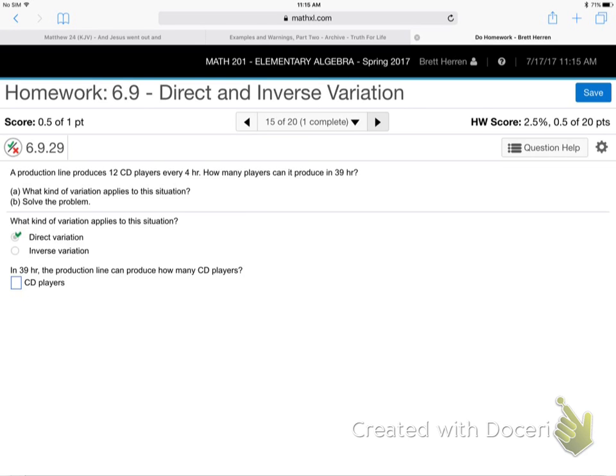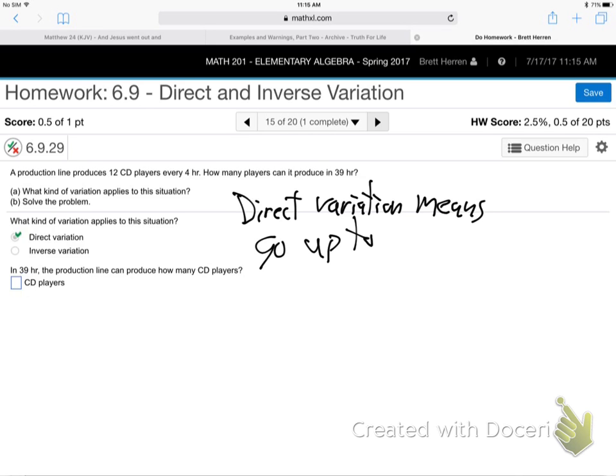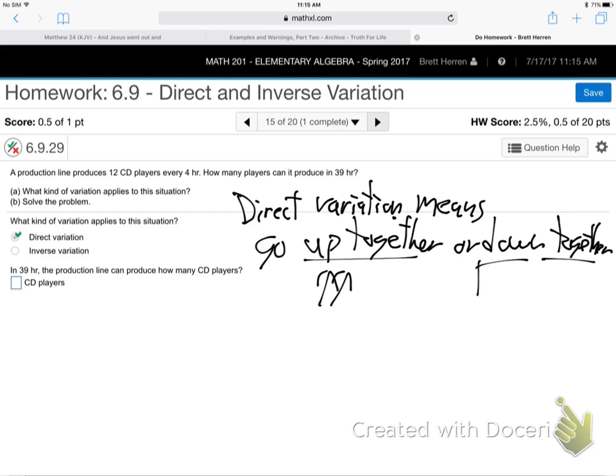Direct variation means they go up together or down together. The key word being together. They're not always going to go up. They can go down. But whatever they do, they do together. So they both go up or they both go down.